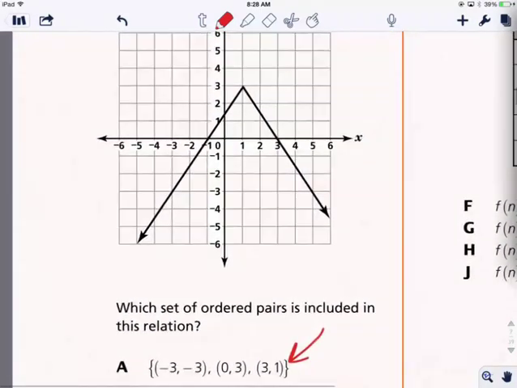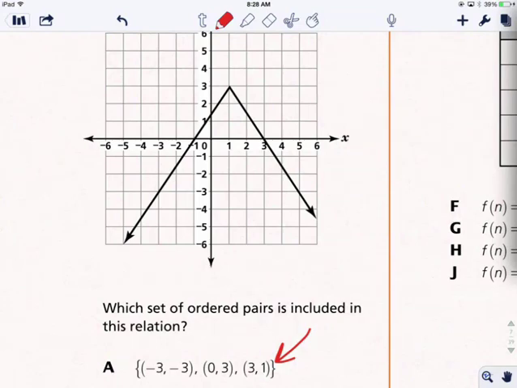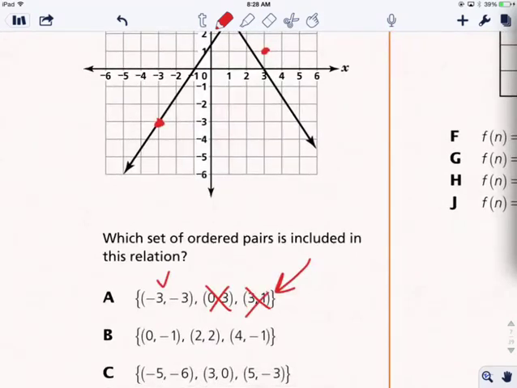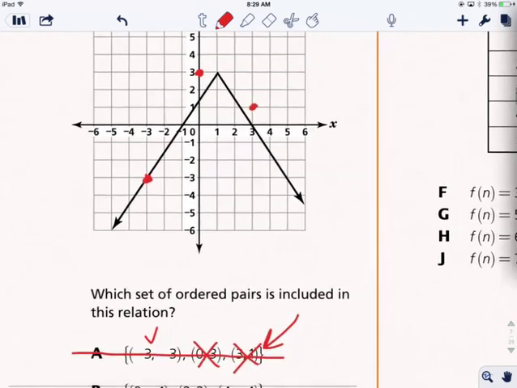So for example, if we plot A, -3, -3. So the first point in A is in the relation. 0,3 is right here. Well, that point is not in the relation. Neither is the next point, 3,1. So you know immediately that A cannot be the answer because not all three of the points are in the relation.